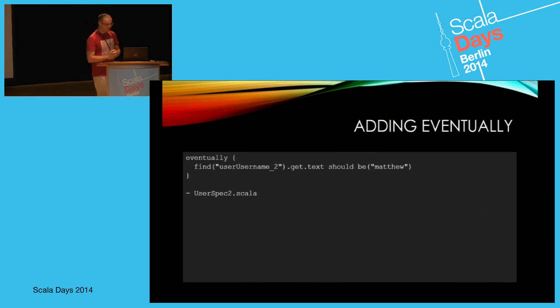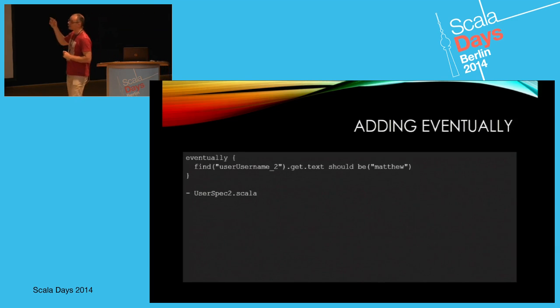I really, really like Eventually, in that it tries for a certain length of time. By default, it's half a second. But in our tests, we've set it to 15 seconds, which means that if there is an exception in there, i.e. the test has failed, or it can't find an element, or its find.get is a None, for instance, so there's no element on the page, it will retry.